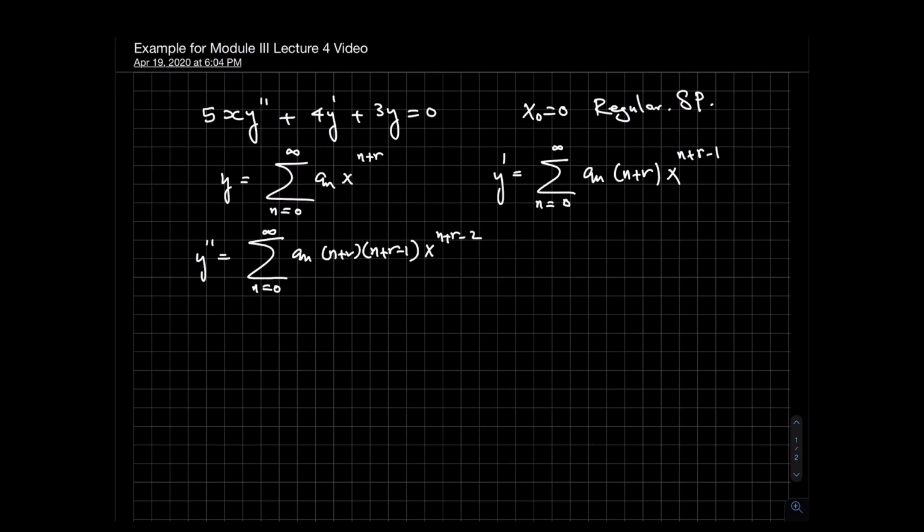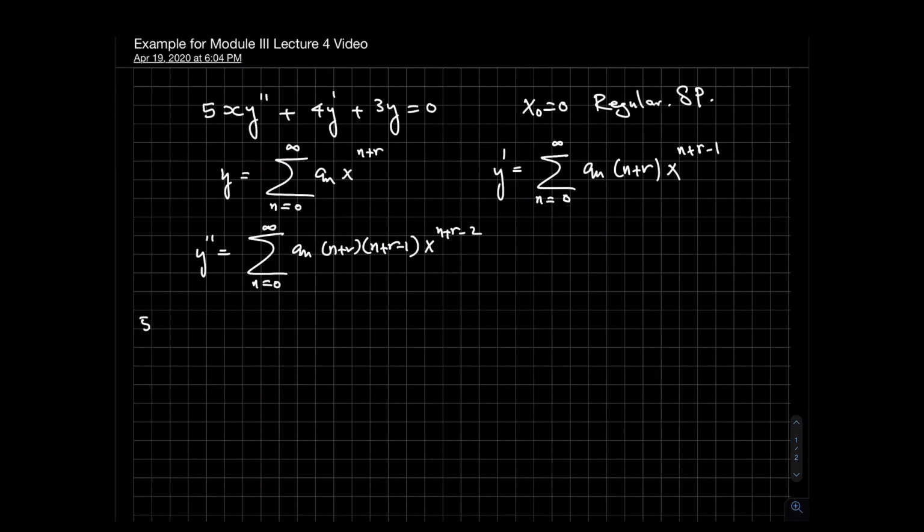So now I take all of these values and plug them into my differential equation. So I have 5x y double prime, and x multiplies the y double prime. So I have 5 times the summation of n goes from 0 to infinity of a_n (n plus r)(n plus r minus 1) x to the power of n plus r minus 1. It's minus 2, but then you multiply it by x, so you get minus 1.